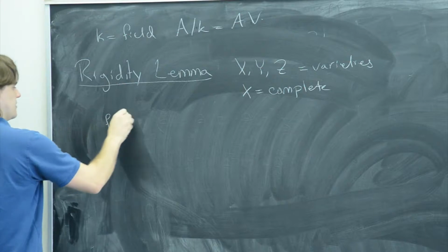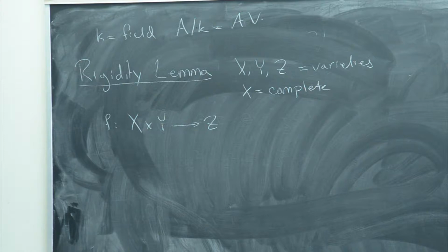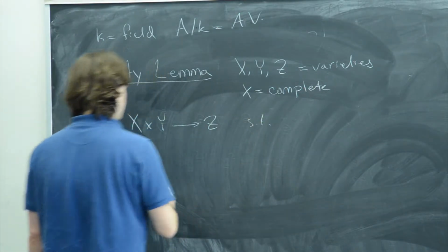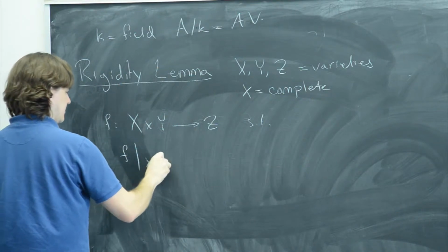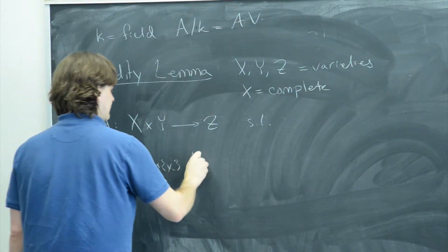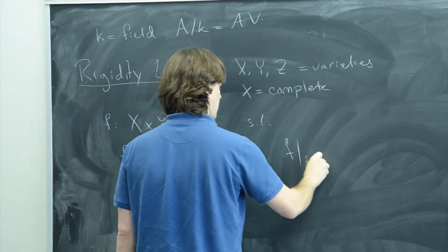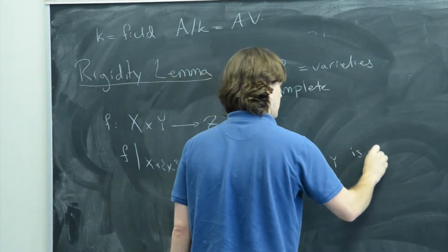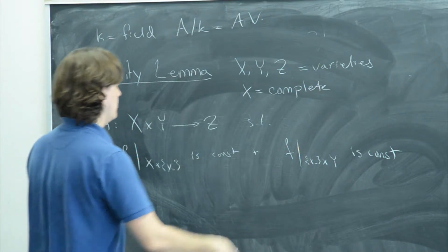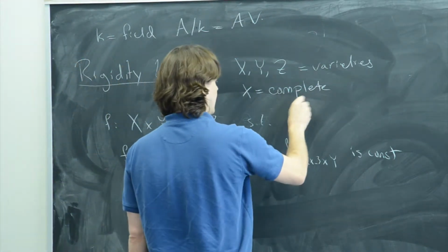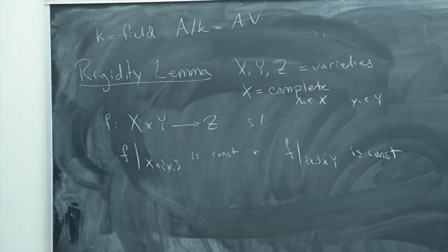And you have a map of varieties from X times Y to Z, with the property that its restriction to two axes is constant. So f restricted to X times some y0 is constant, and the restriction of f to x0 times Y is constant, for some x0 a point in X and y0 a point in Y. Suppose you have this, then f is constant.